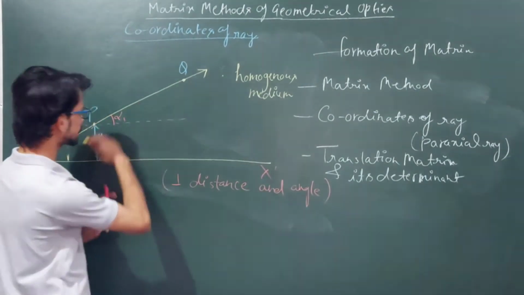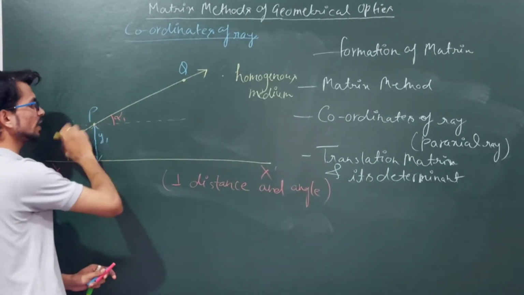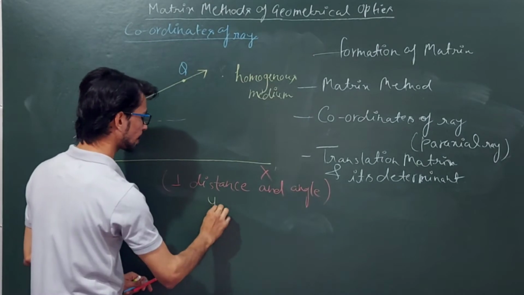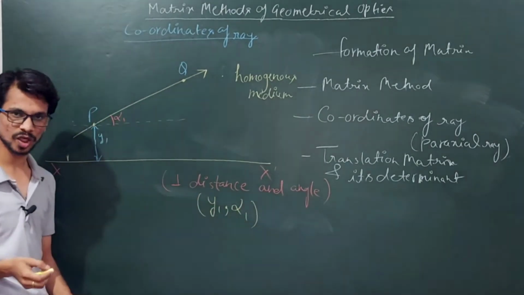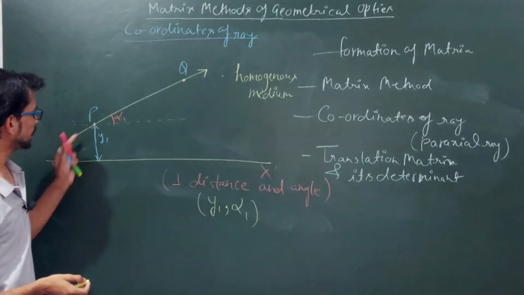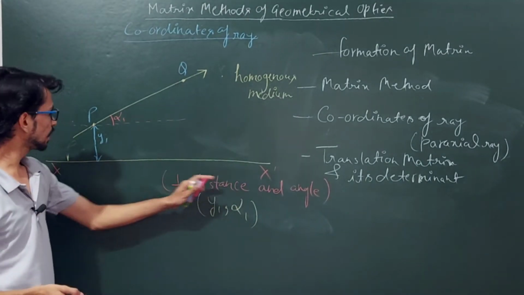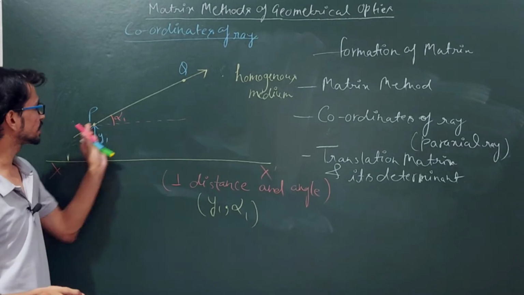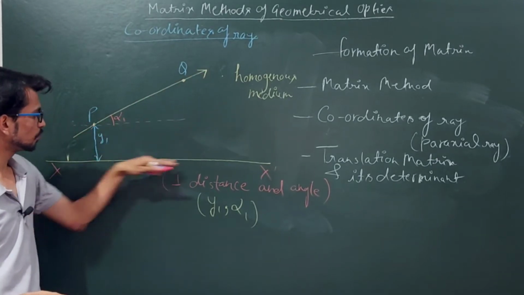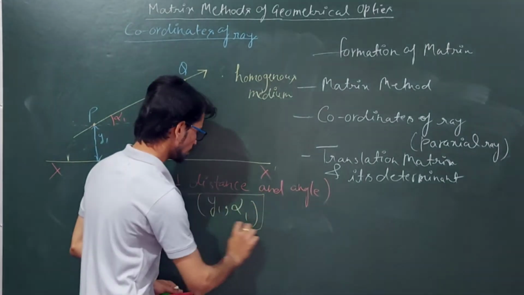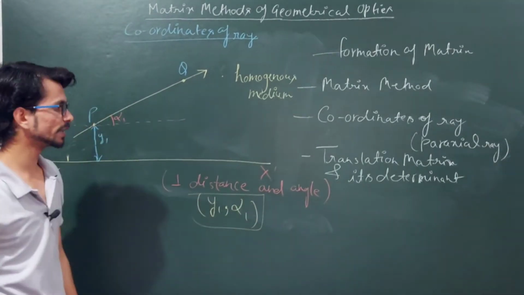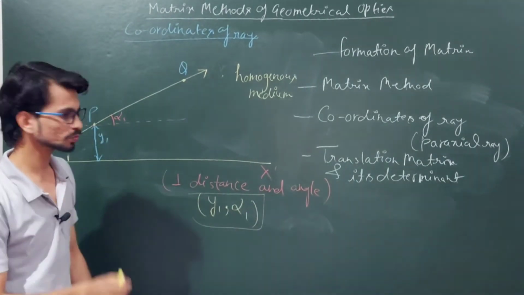So in this situation, the coordinate of this point P on this ray will be y1 comma alpha 1, because y1 is the perpendicular distance of point P from this principal axis, and alpha 1 is the angle made by this ray PQ at this point P with the principal axis. So this is how we can find the coordinate of a particular point.